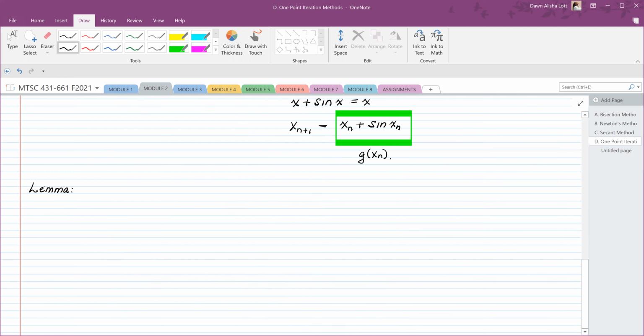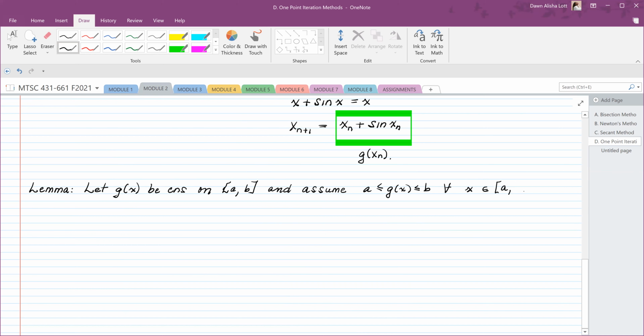Okay, so we want to let g of x be continuous on the closed interval [a, b], and assume that a is less than or equal to g of x is less than or equal to b, for all x inside [a, b].